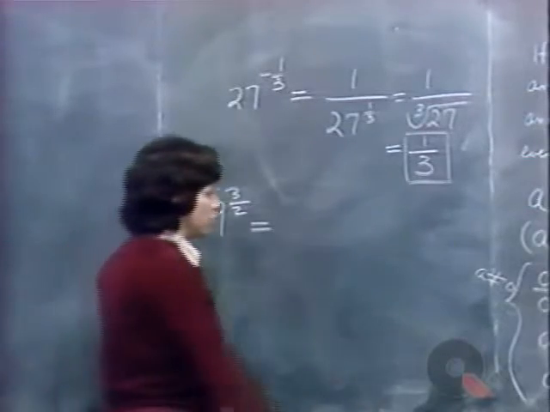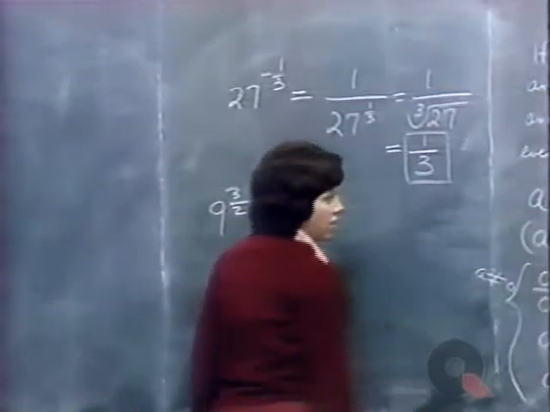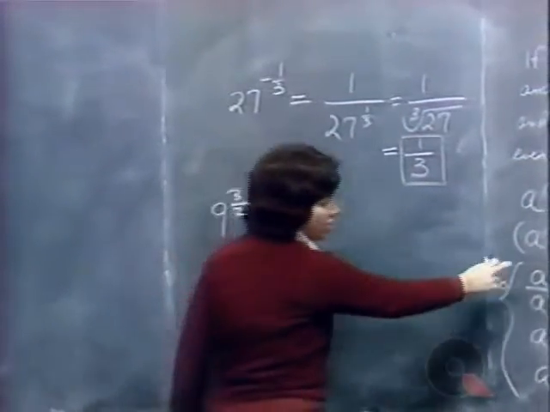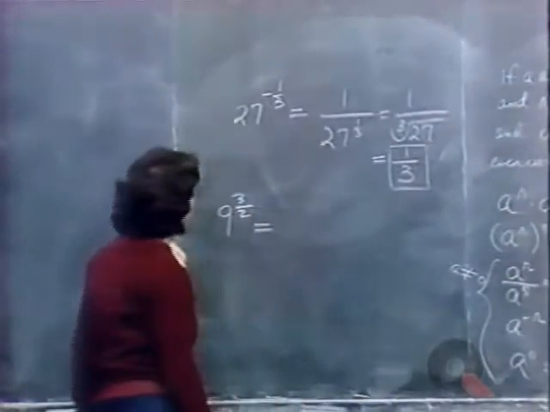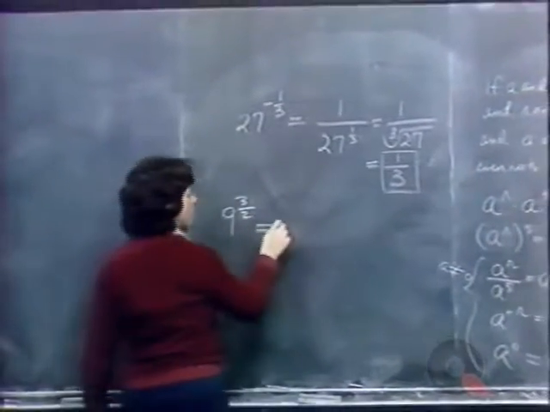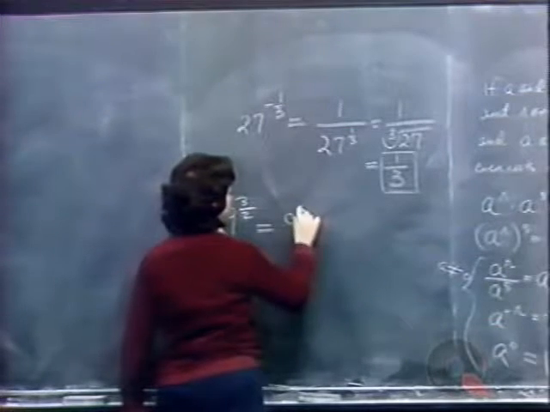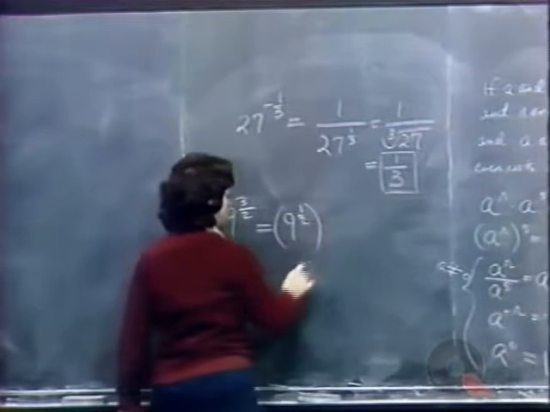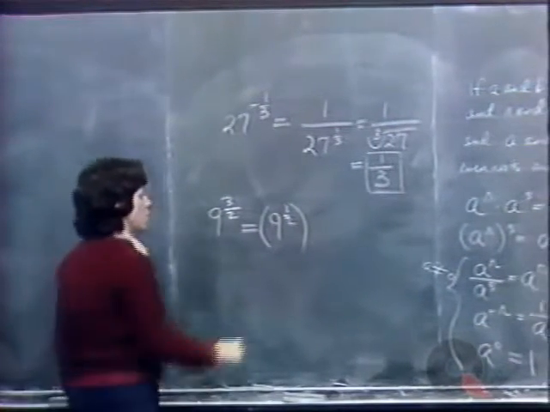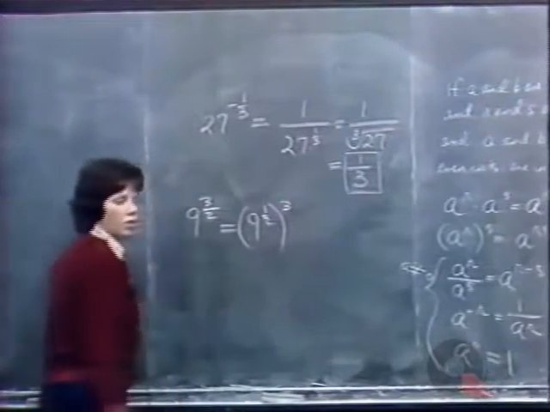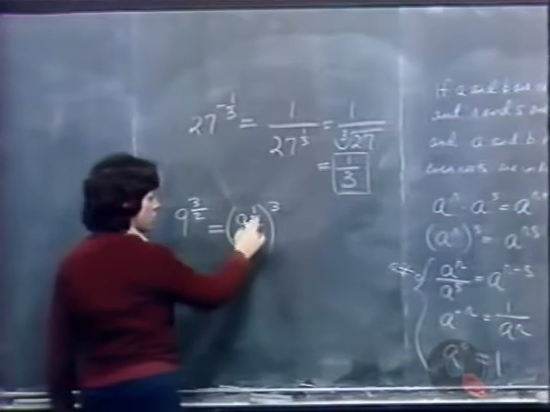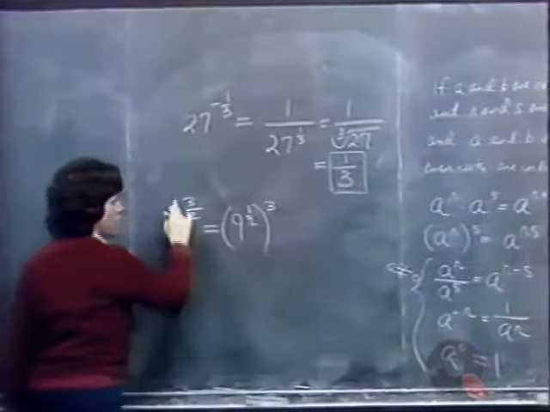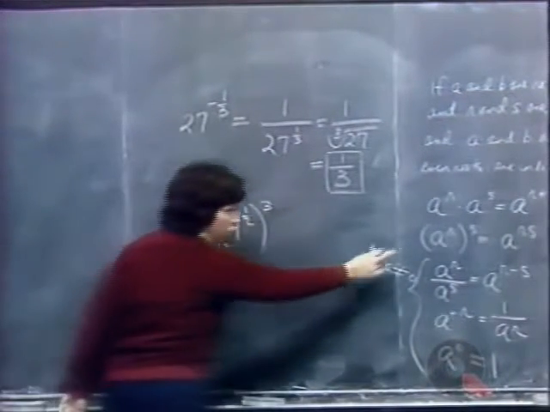Okay, now, according to this rule, if we want this rule to continue to make sense, a to the r to the s is a to the rs, we could think of 9 to the 3/2 as 9 to the 1/2 cubed. I'm using this rule over here.